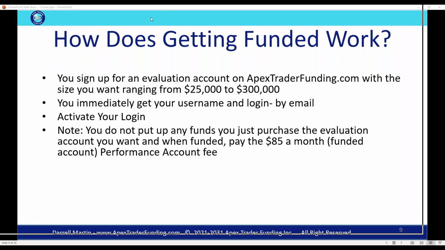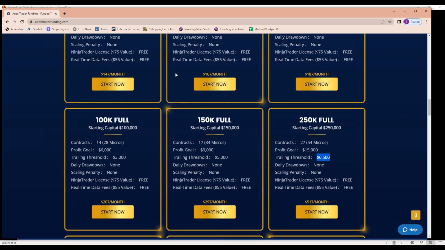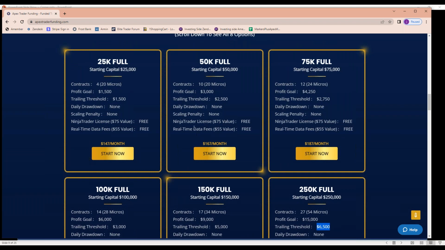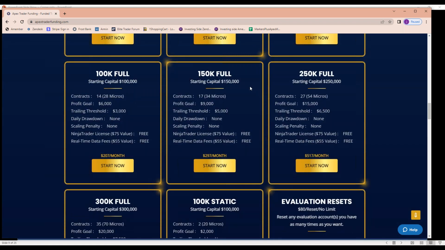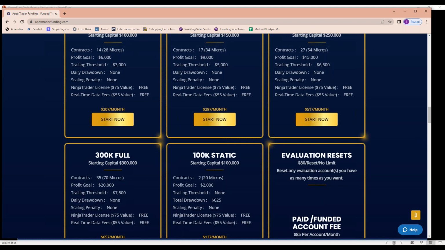Now, a couple of you have asked, what happens if I sign up and the next day I fail the account and blow the account? Okay, well, yes, you can hop in, pay 80 bucks, reset the account, and start fresh at your full balance, your full stop, and all that. The reset doesn't affect your monthly bills.